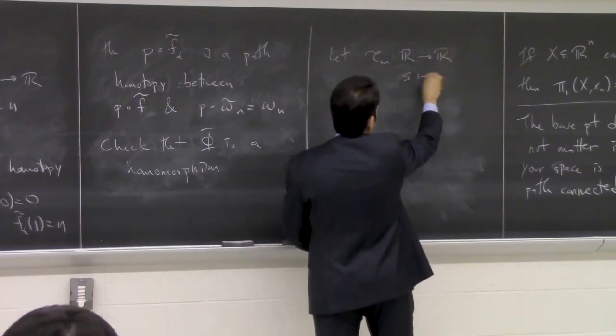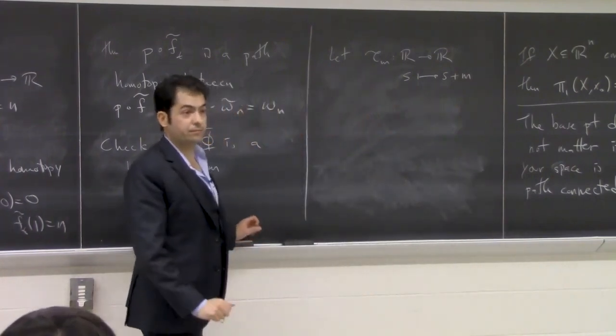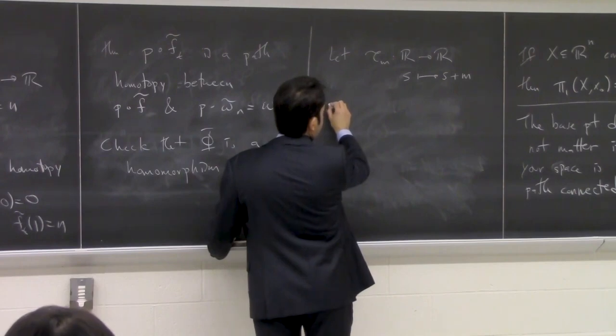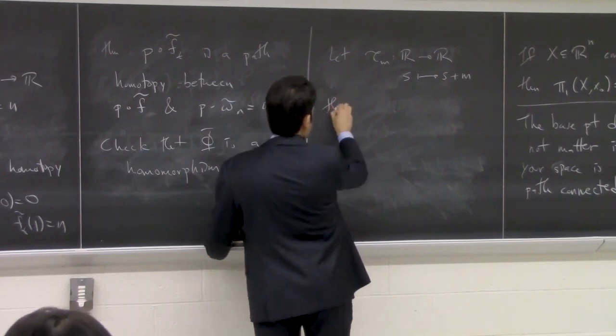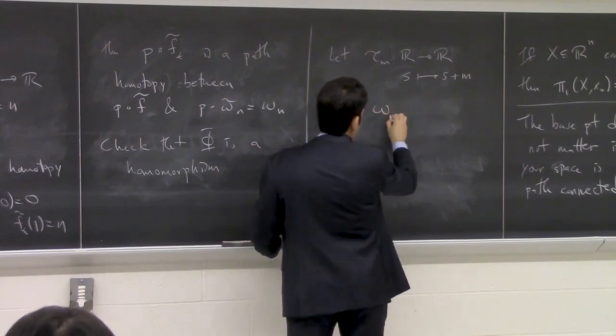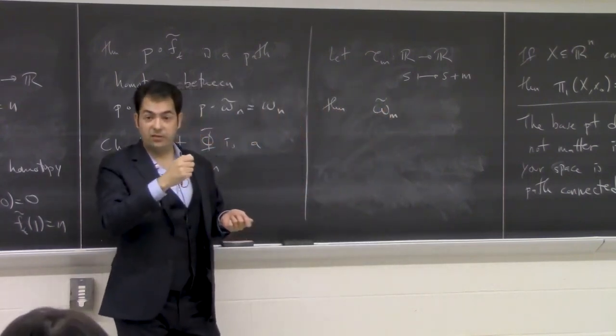So take a point s and translate it by m. Right? Then if you do omega m tilde, this is a path that begins at 0 and ends at m.